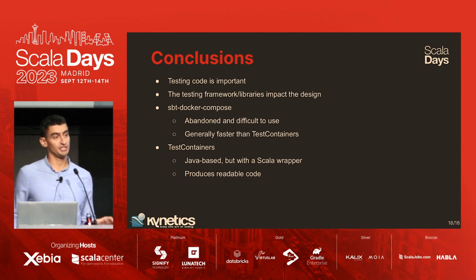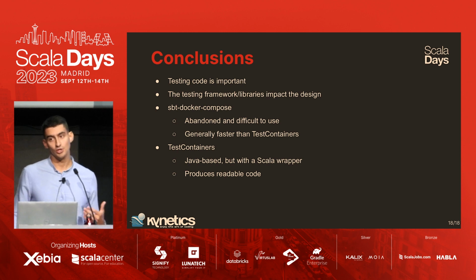In this presentation, we saw two different alternatives to integrate Docker containers in our tests. The first one was sbt-docker-compose, an SBT plugin which is abandoned and difficult to use, slightly faster than test containers, but the code it produced was very ugly. There was a lot of boilerplate and it was very verbose.